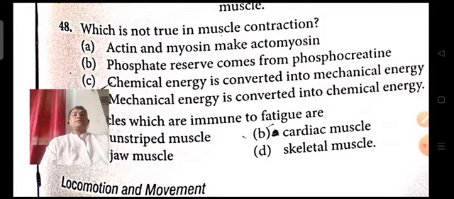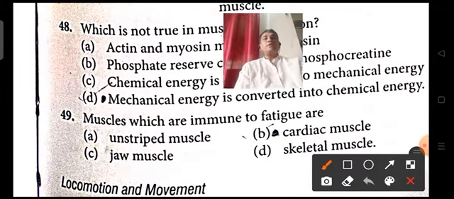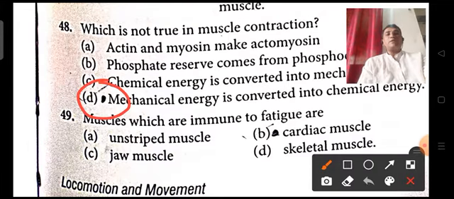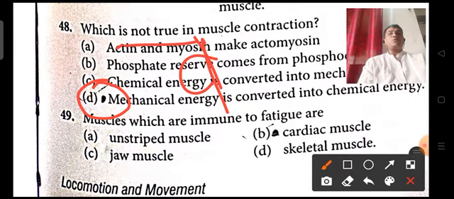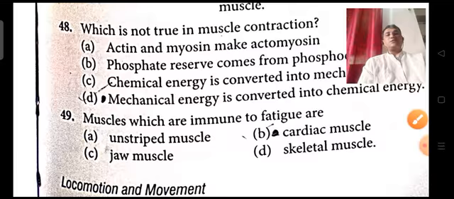Chemical energy is converted into mechanical energy, and mechanical energy is converted into chemical energy. Every time chemical energy is converted into mechanical energy, and mechanical energy is never converted back; it is converted into work, but not once again into chemical energy. So here option D is the wrong option, or not true, related to muscle contraction.